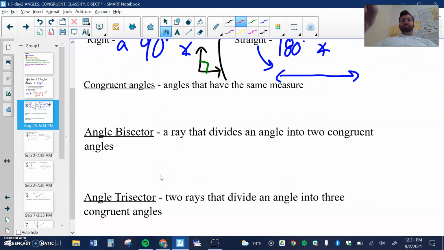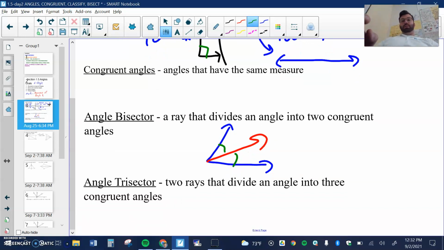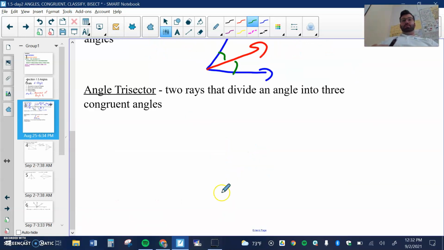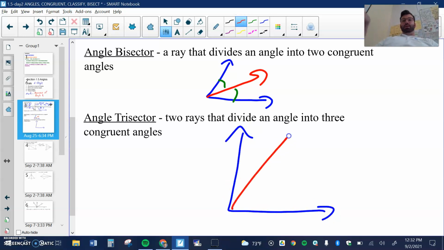Angle bisector happens when a ray divides an angle into 2 congruent angles. So here's my ray cutting it in half, and that makes these 2 angles. An angle trisector is very similar. Tri just means 3. So I have 3 congruent angles. All 3 measures are the same.